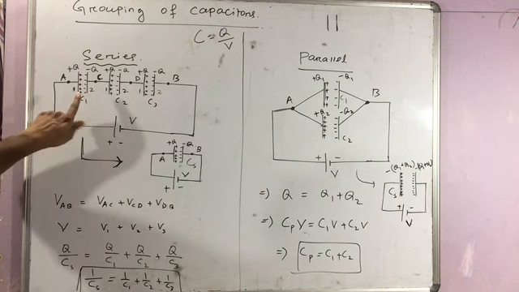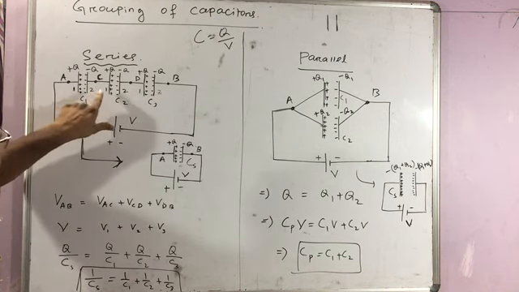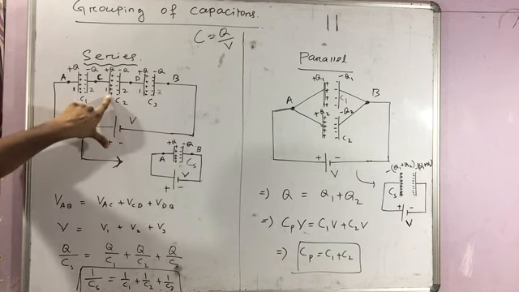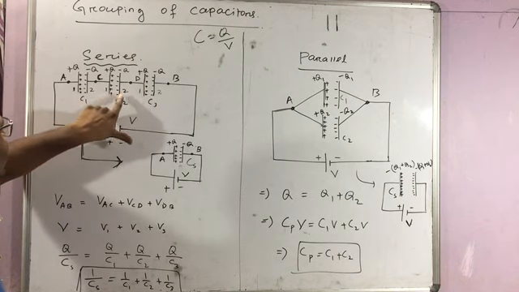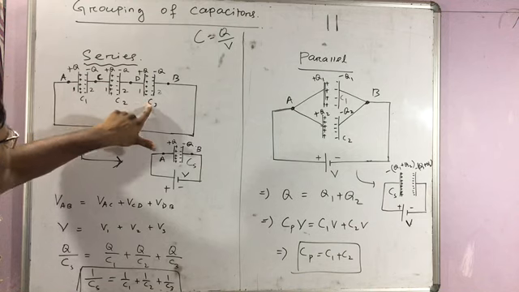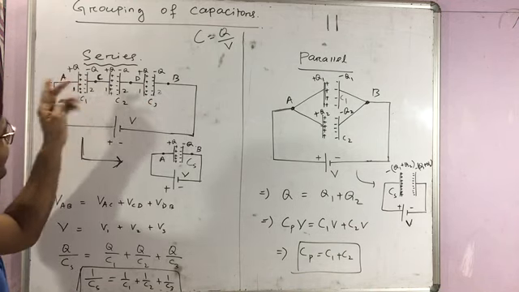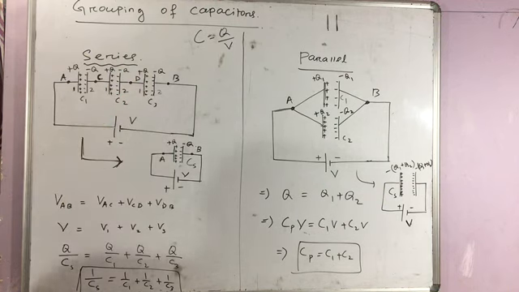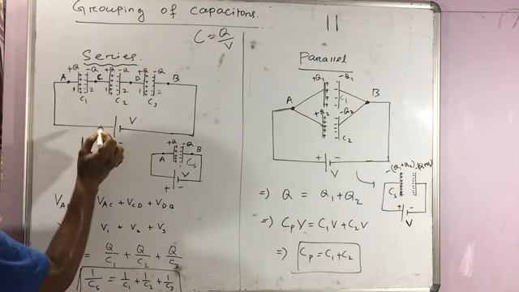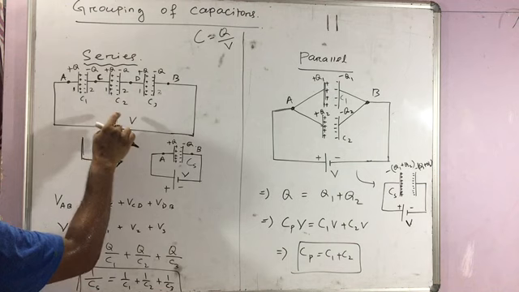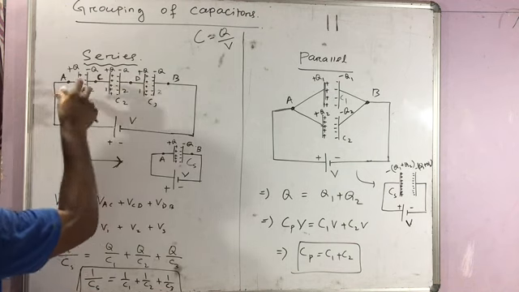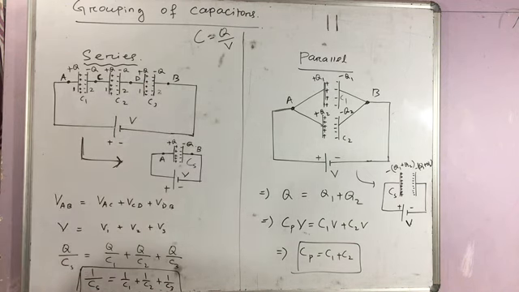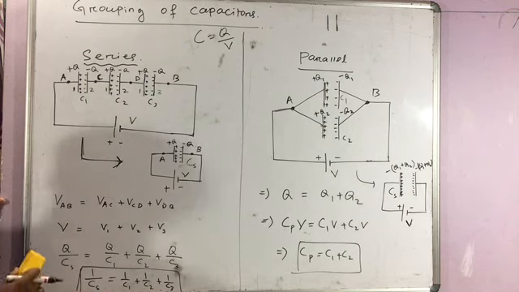All of you just see, the second plate of the first capacitor is connected to the first plate of the second capacitor. Similarly, the second plate of the second capacitor is connected to the first plate of the third capacitor. It's a cascaded style, meaning back-to-back connection. That's why it is called a series connection. But the most important part is here: because all are in series, their charges remain the same. That's why they are called series grouped capacitors.